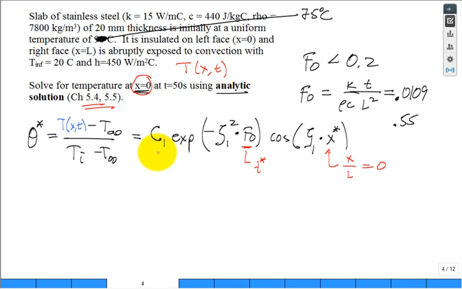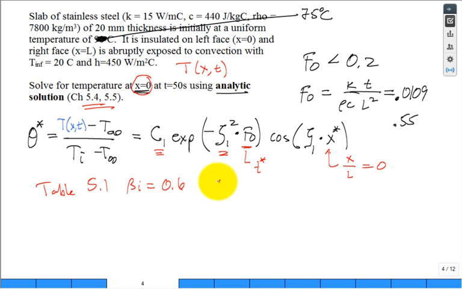Where do I get the C and the zeta? The table. That's right. And so you need that table in the textbook. I forget, is it table like 5.1? You're given the Biot number. The Biot number was 0.6 for this problem.